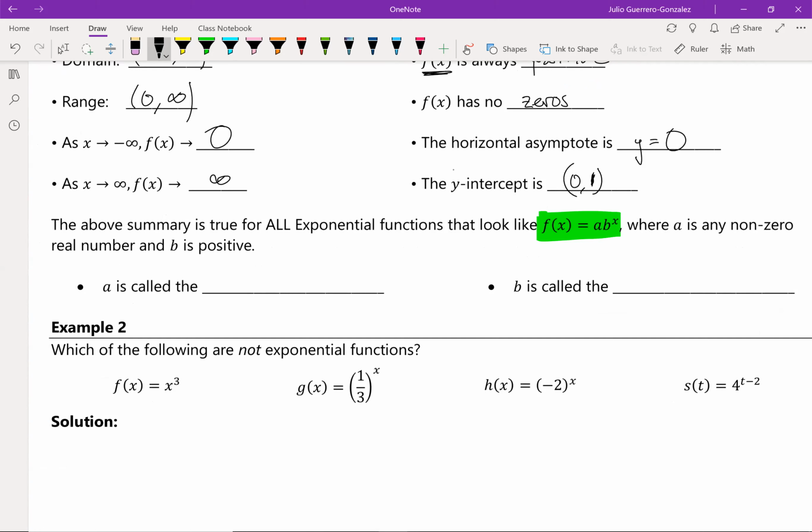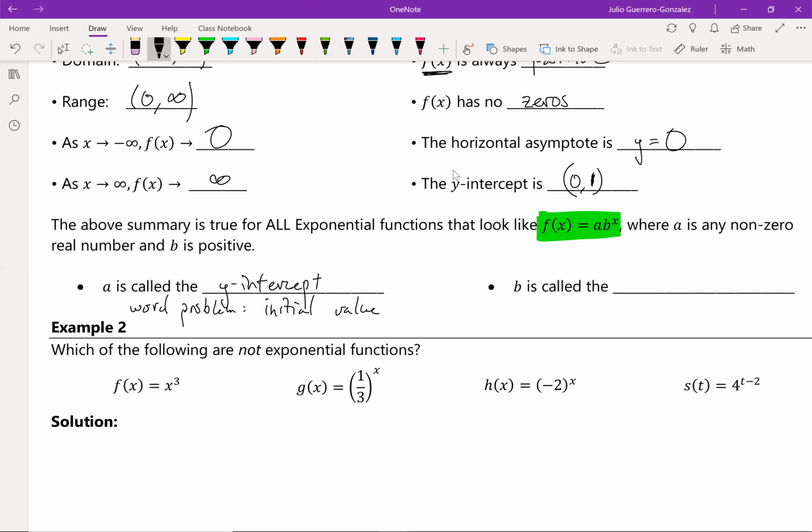The a is what we call the y-intercept, or if you look in a word problem, it is going to be your initial value.